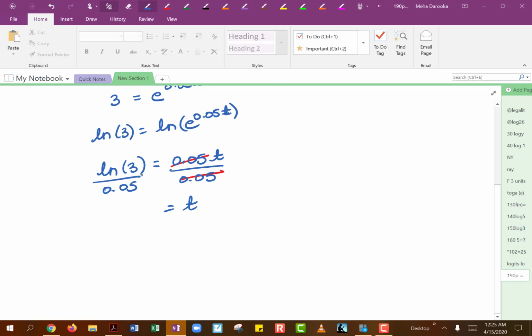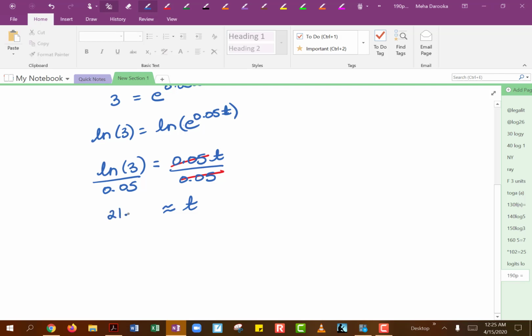So when you put this in your calculator, you will actually get an approximate answer, because you will get a pretty long value over here. So just rounding this to 2 decimal places will come out to be approximately 21.97.